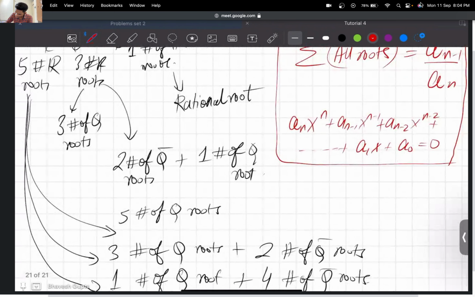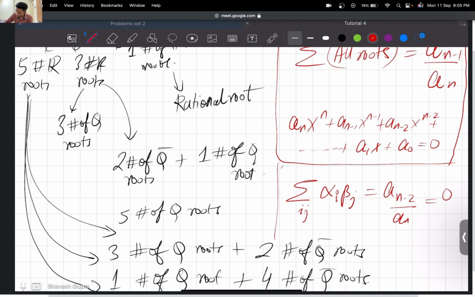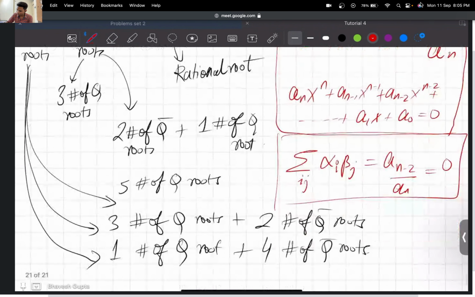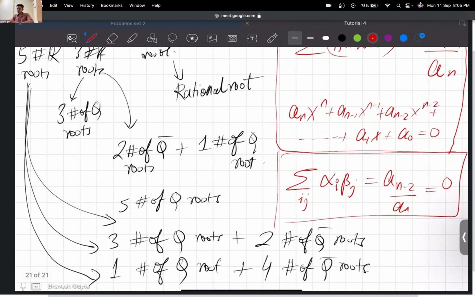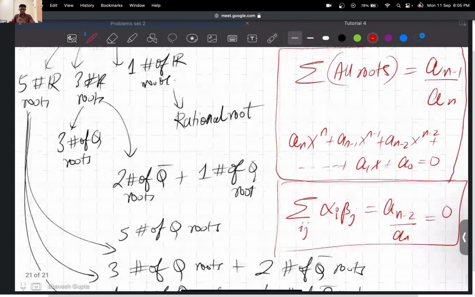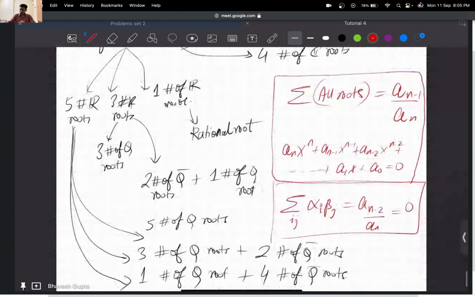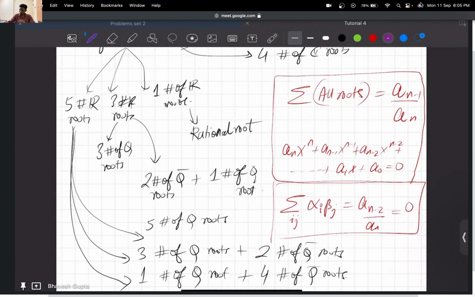And you can also see that the sum of pairs of roots, let's say this is one pair and this is another pair, is also 0, because this actually turns out to be this. It is also 0 in this case. I will further discuss this. If you have problems in questions, we can further discuss this. For now, we are done with our session. But you can check them.